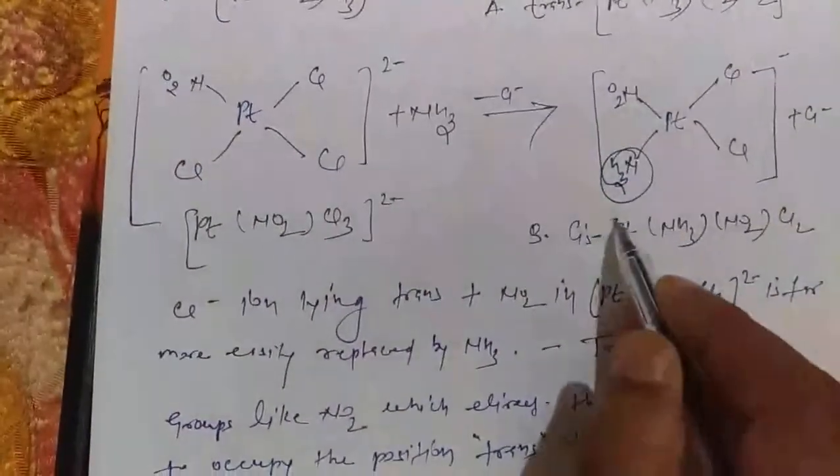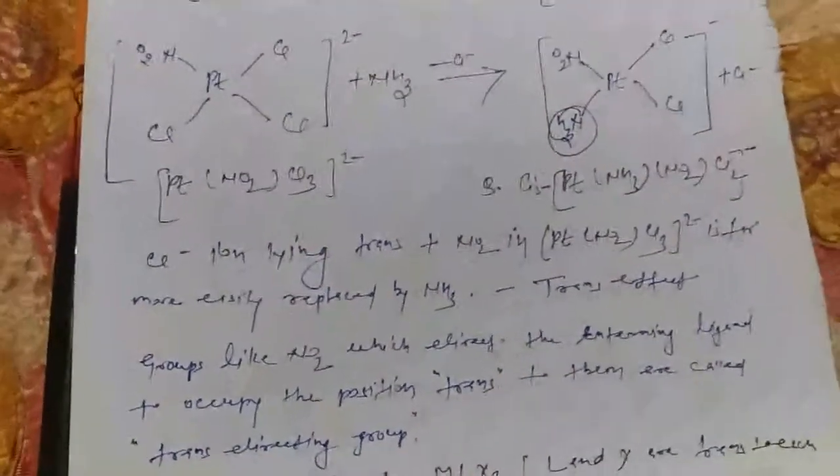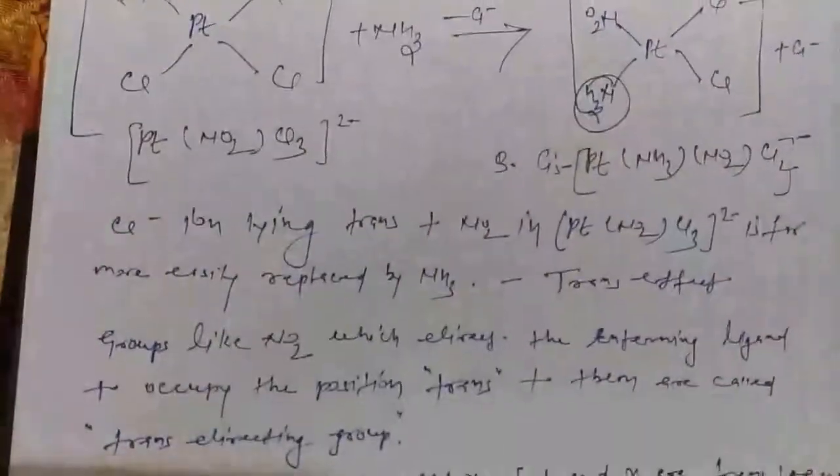Based on different experiments, we will write a series of ligands showing the higher and lower trans effect. This is the series, and I'm writing some of the ligands which cover almost all the reactions.